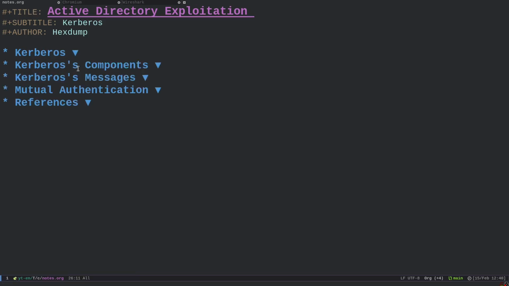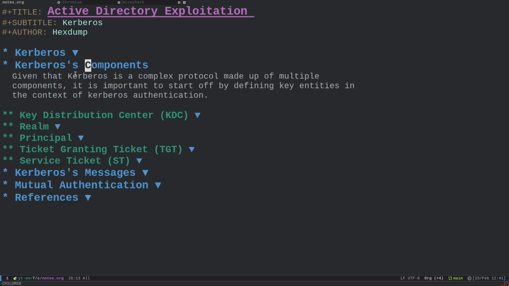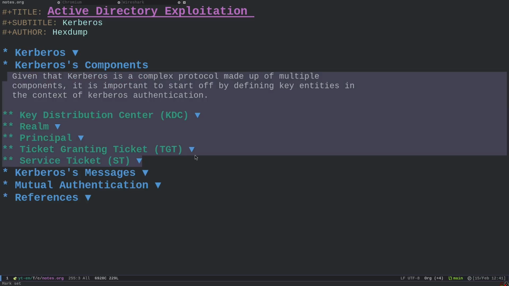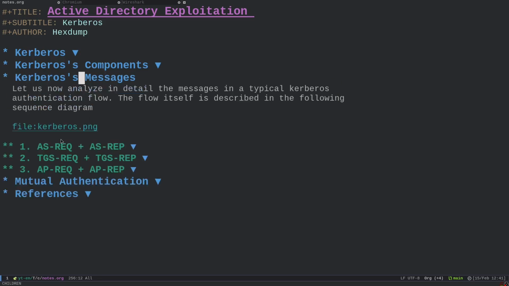So in terms of this video, in terms of what I want to essentially explain about Kerberos, we will see two different things. First, I will describe the components that make up Kerberos, so different key players involved in Kerberos, and then I will describe the full sequence of messages that are sent between the client, the KDC, the client, the service, to properly authenticate.